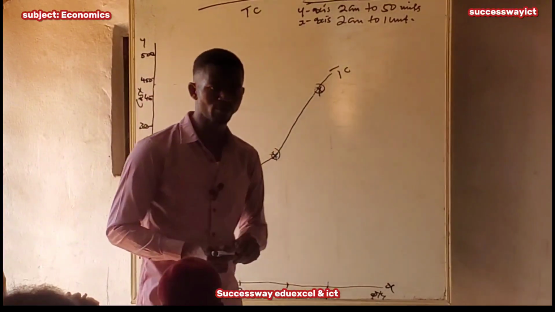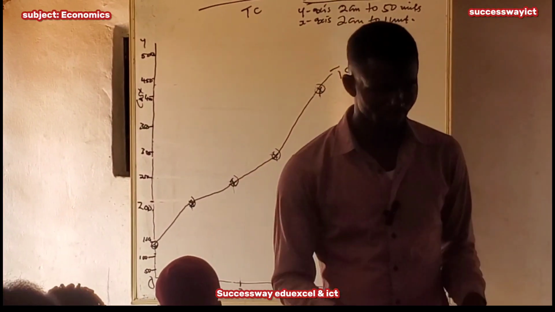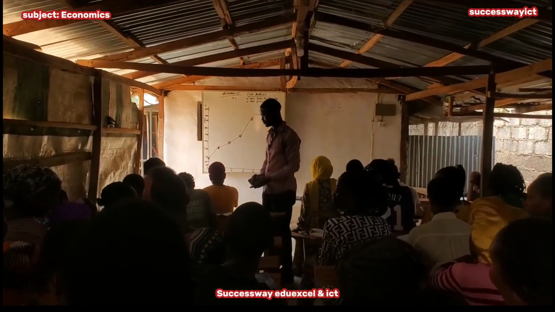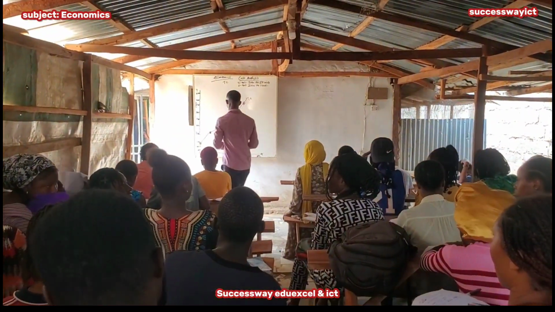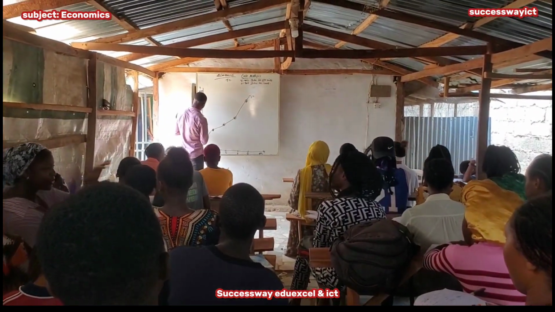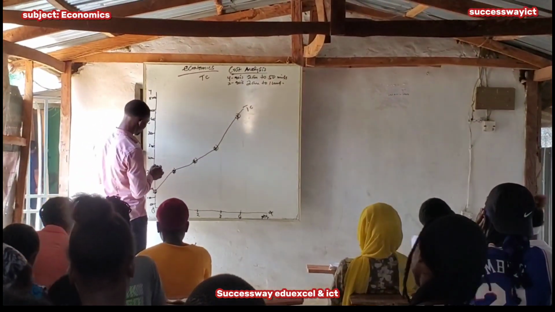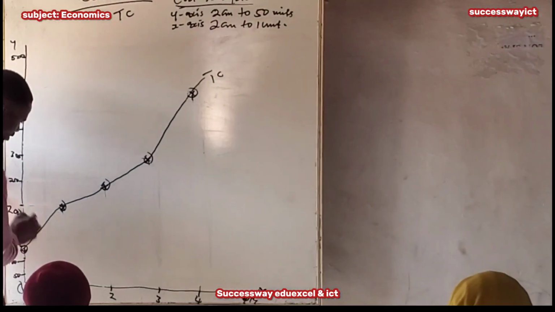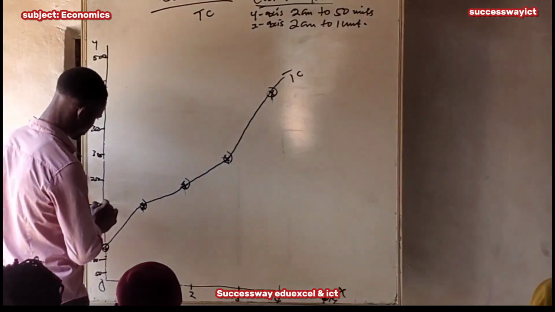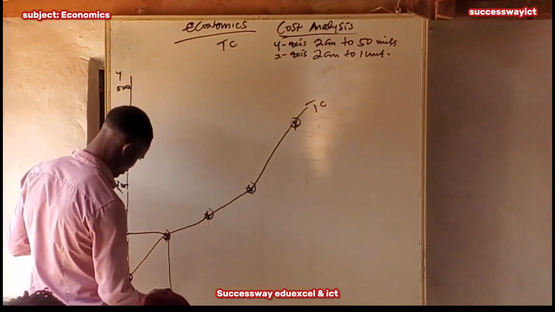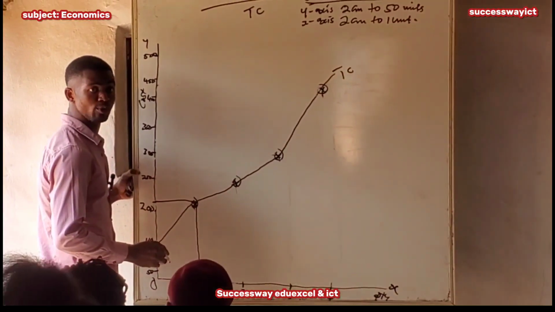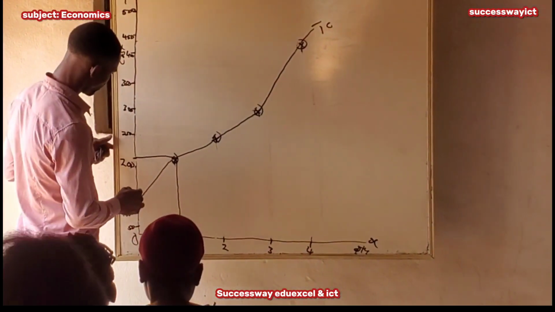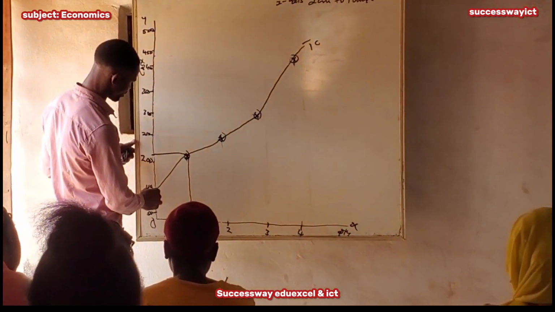Let me see the table you are calling 210 for me. I think we had 210 somewhere. Is it first unit, right? The first unit is what? 210. What about the second unit? 125. Should be somewhere here, isn't it?